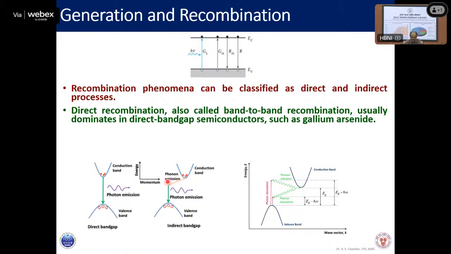By emitting a phonon, the energy comes down; if it absorbs a phonon, it goes to the other side. But by doing this it changes its k value. Optical transitions always happen in the vertical direction only. So then the photon will be emitted.